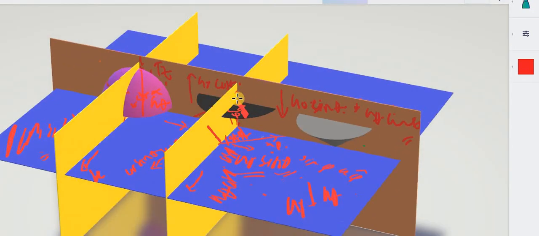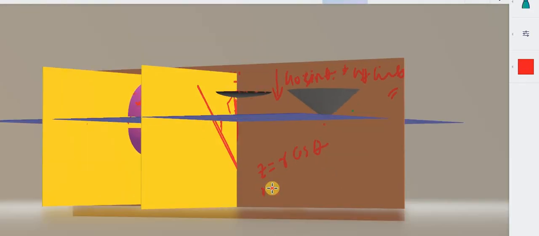And this magnitude is R sin theta. And now the component of X and component of Y. X component will be R sin theta cos phi. Y equals to R sin theta sin phi.